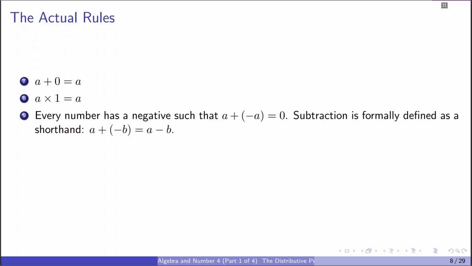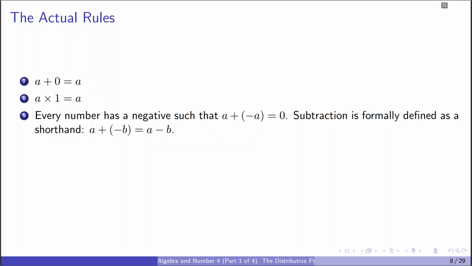Every number has a negative, so that a number plus its negative or its additive inverse is 0. So a plus negative a is 0. Subtraction is just a shorthand of this. So when we have a plus negative b, we write that as a minus b in a shorthand.